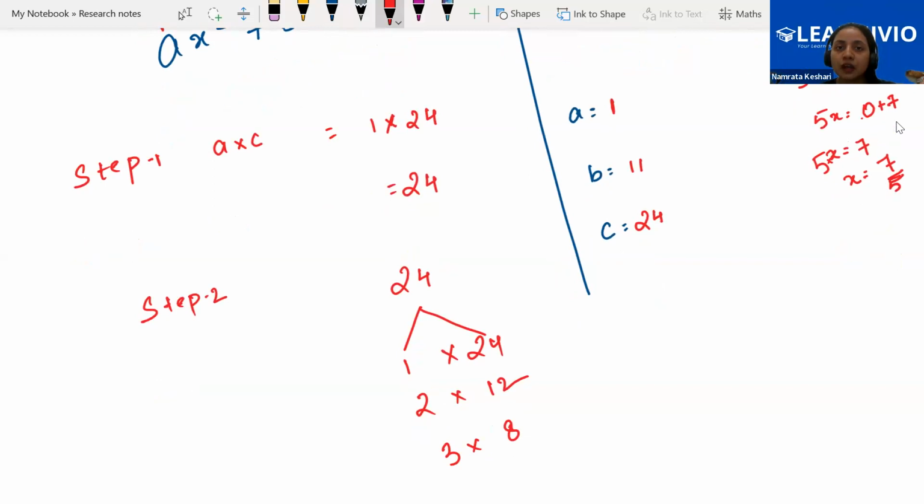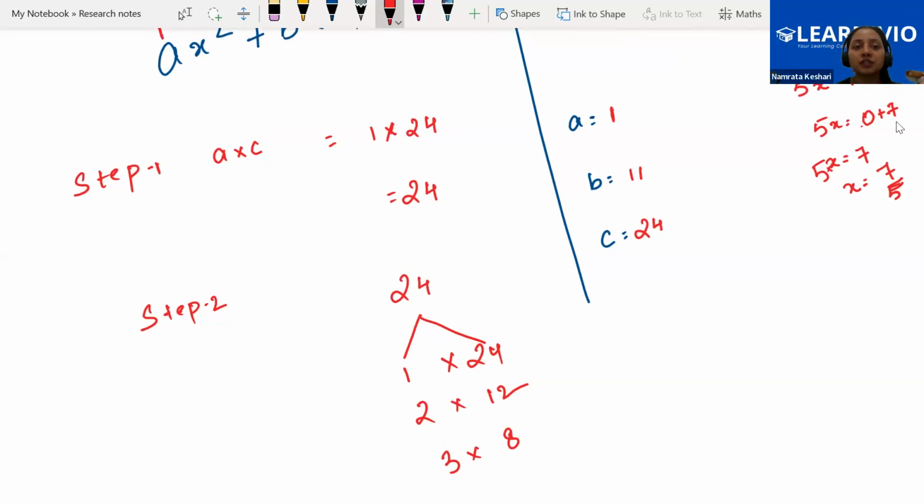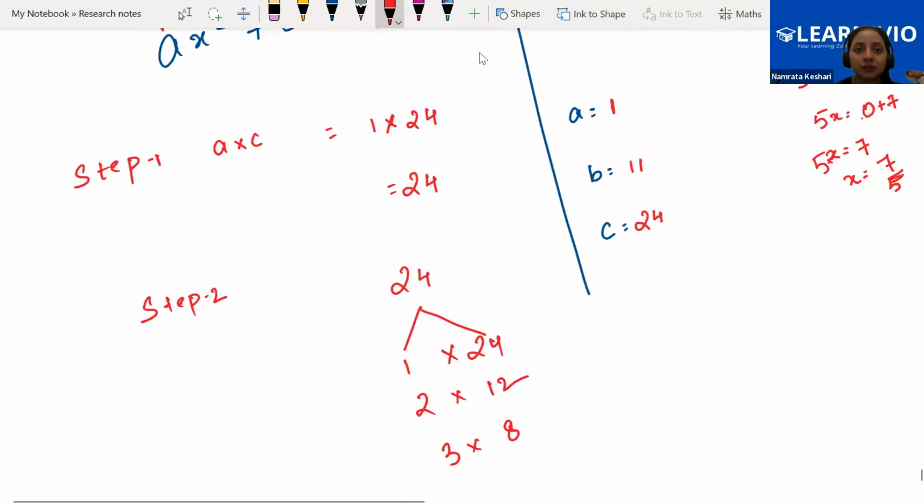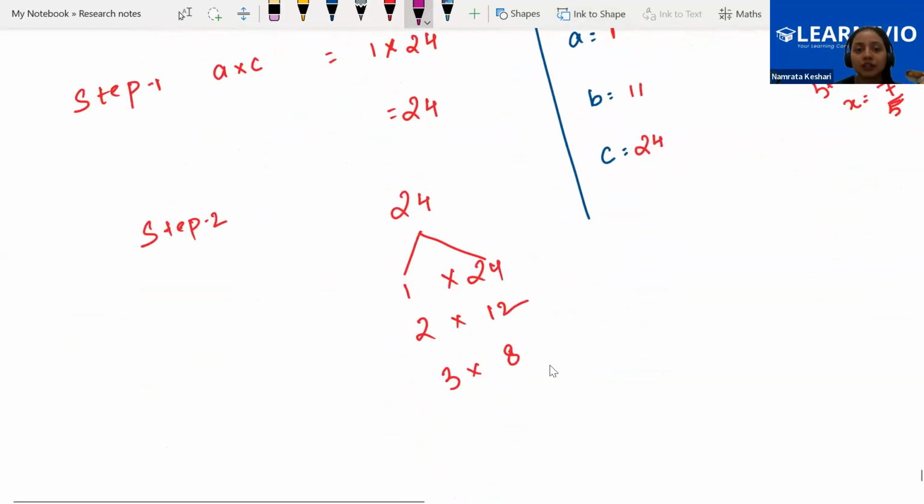Yes, ma'am. We are trying to factorize this 24 by using two numbers. Whatever is coming to your mind, keep on noting down, keep on writing. Now, what is the main purpose? The purpose is we will be checking the possibilities we have written over here: possibility 1, possibility 2, possibility 3.